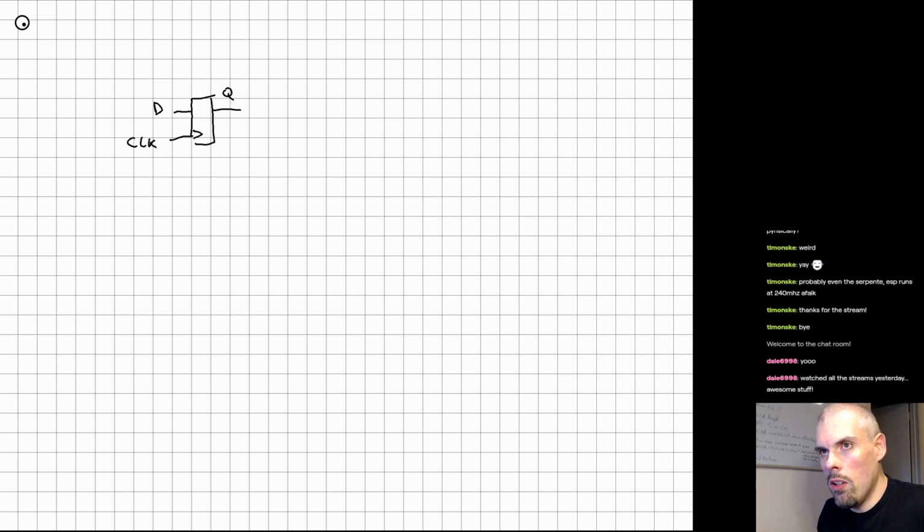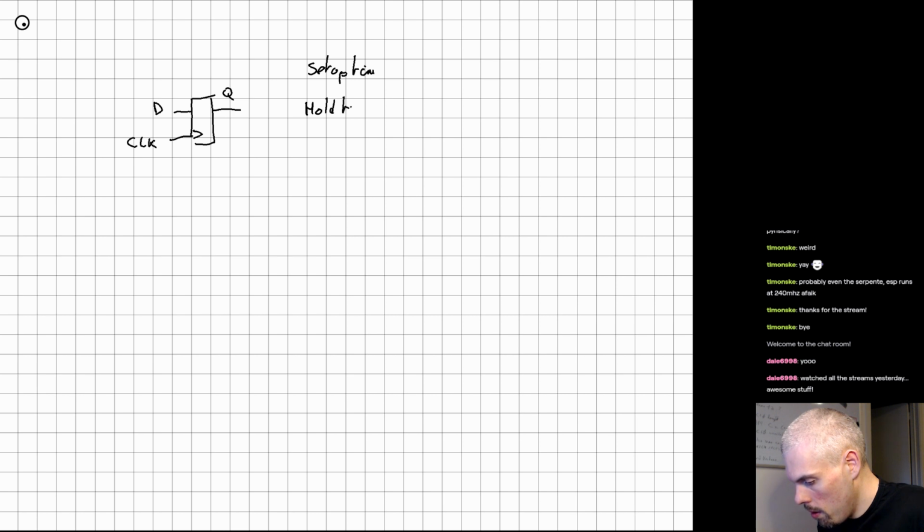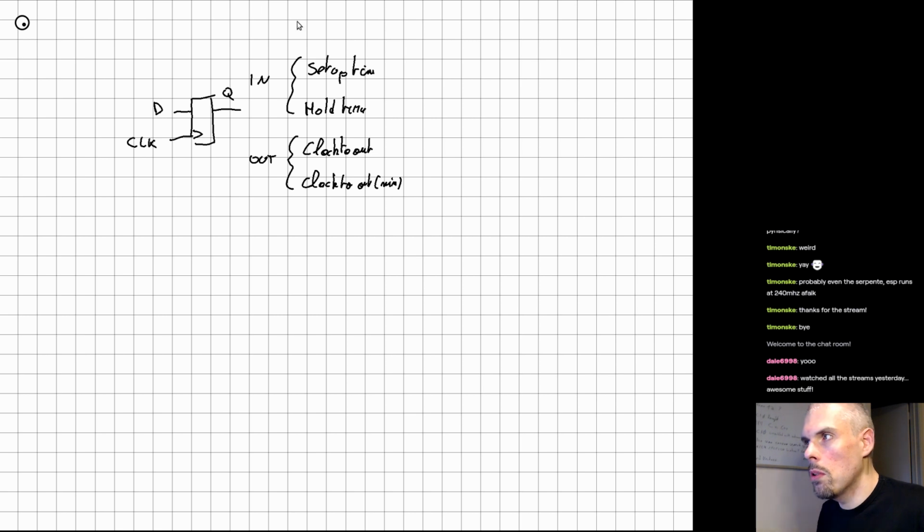And the critical parameters are going to be the setup time, the hold time, that's for input, and for the output you essentially have the clock to out and the clock to out minimum value. It's kind of 3 or 4 parameters depending on how you count clock to out as 1 or 2 parameters. So I'm going to explain what those are.